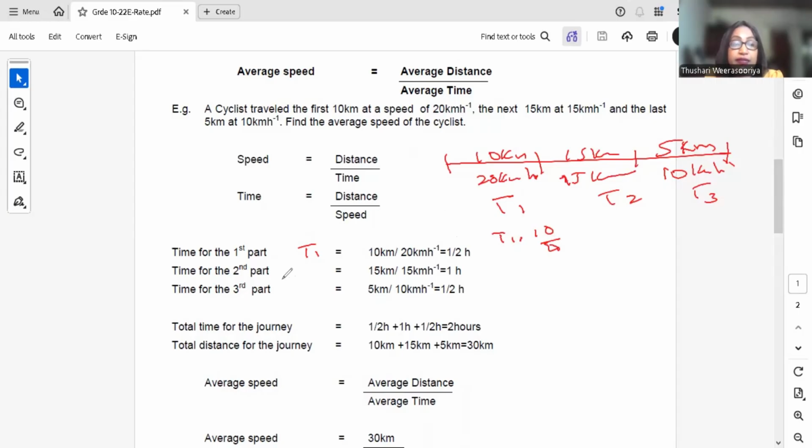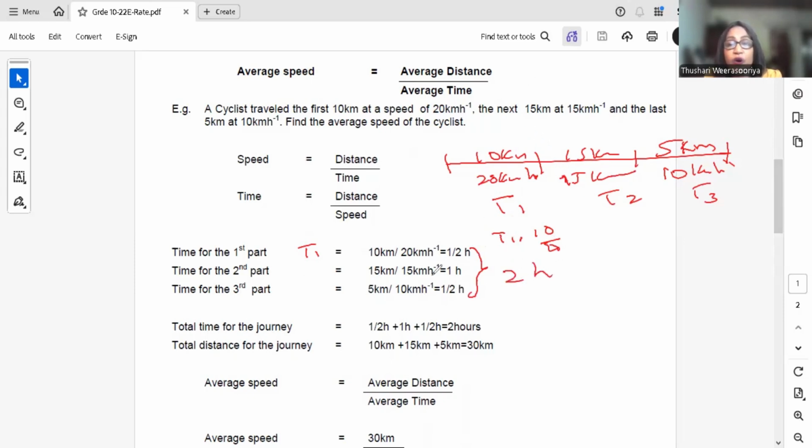Second one, 15 divided by 15, that is 1 hour. Third part, 5 kilometers divided by 10 kilometers per hour, that is half an hour. When you add all the times, you get 2 hours.